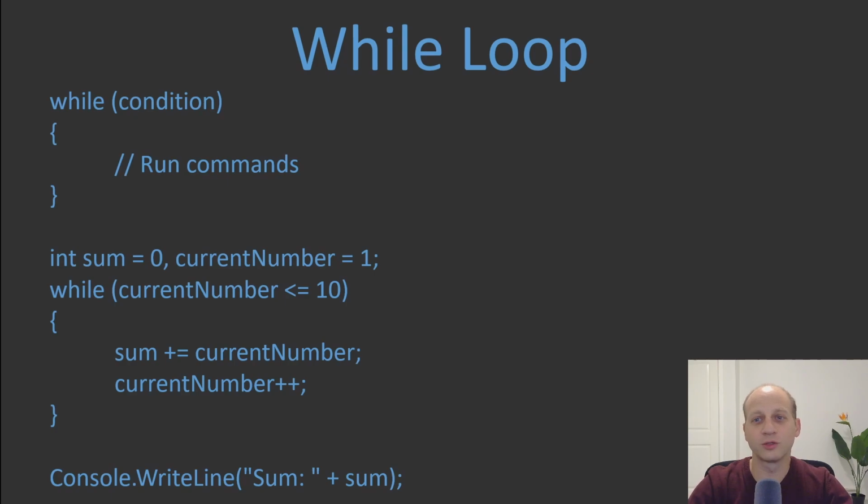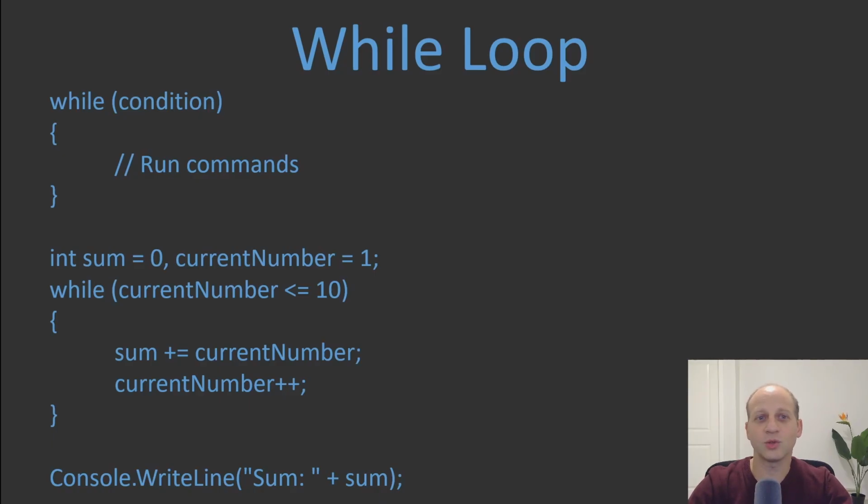Let's use the while loop to calculate the sum of the numbers from 1 to 10. We'll declare a variable to store the sum, which will be initialized with 0. Now, since we are dealing with a loop, we need to understand what the condition of the loop will be. In other words, at what point we will stop running the loop.